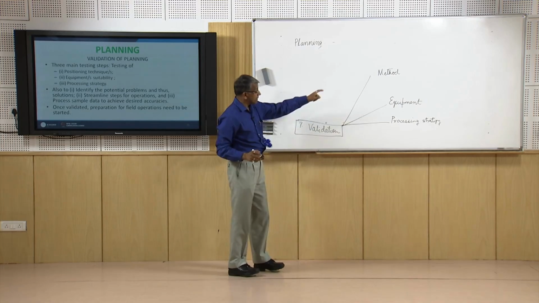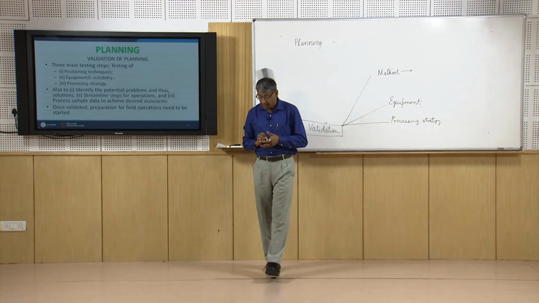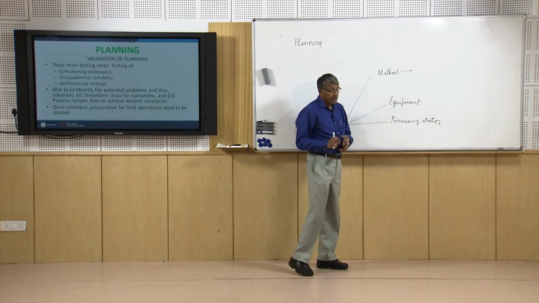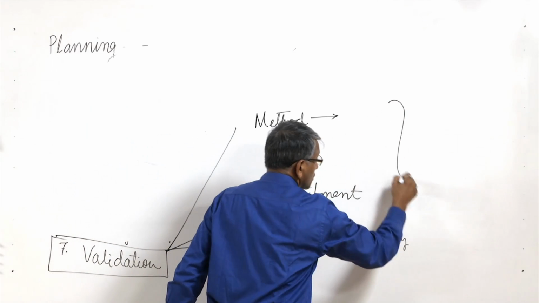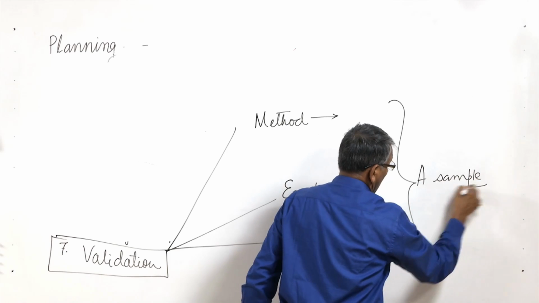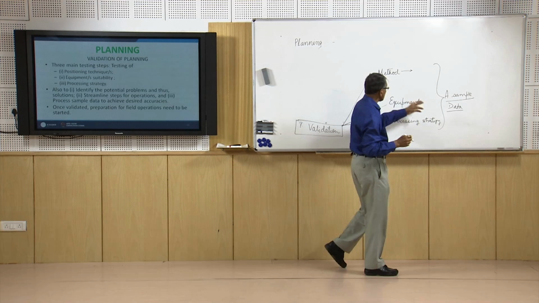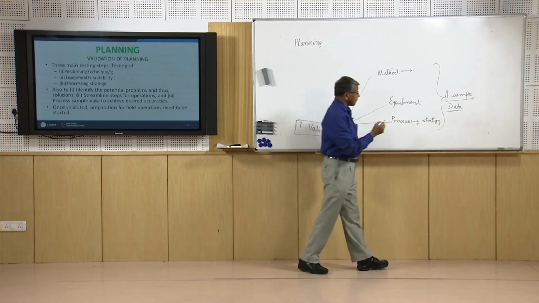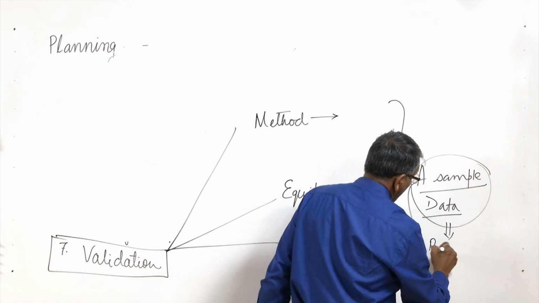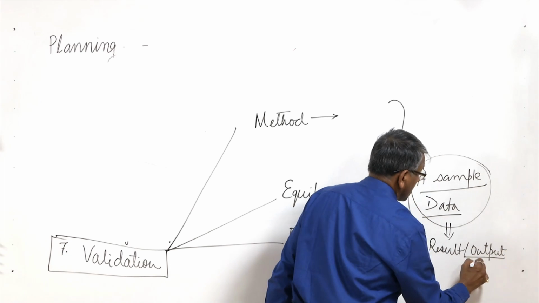So, these are the 3 measuring means which we have considered during our planning and which should be validated. In order to do this we should take sample data, as I told you during our field reconnaissance we have collected the sample data, and that sample data has to be processed, and after processing we should see whether the result or output is meeting our standard specification or not.